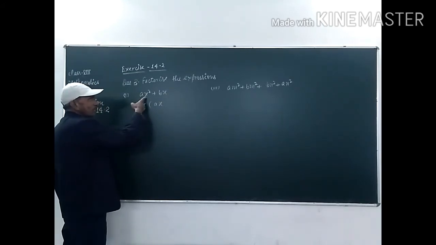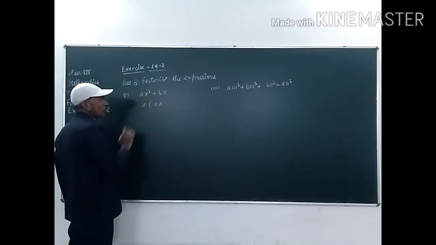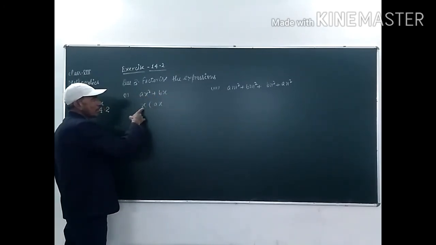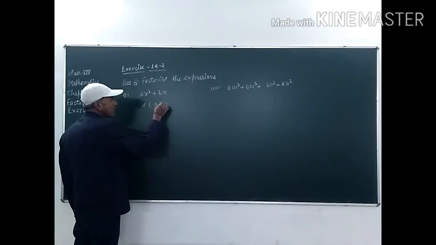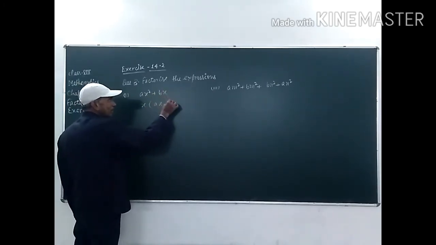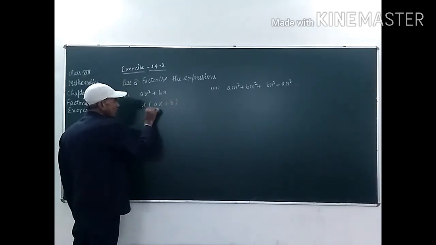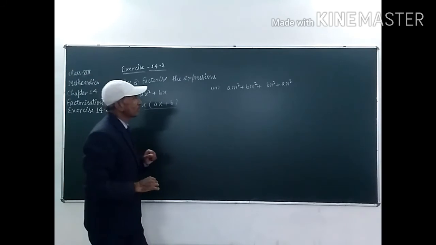Student, x is 2 times here, and we have taken x as common because at least one time x is common in both. So x is common, after that there will be ax remain, ax plus, and in this we have taken x as common, so b will remain here. So this one is the answer of this expression.